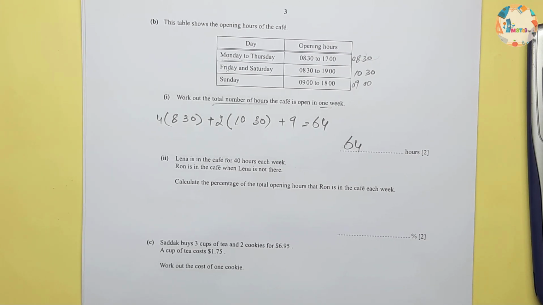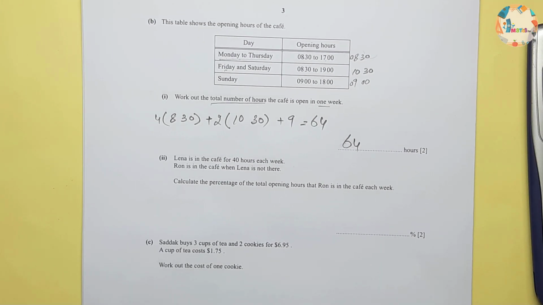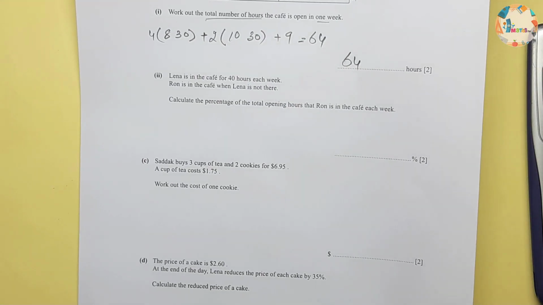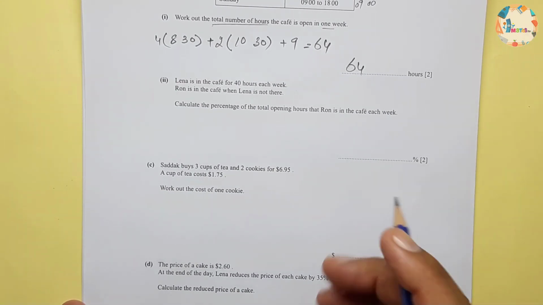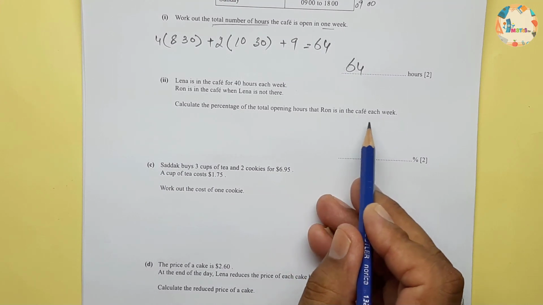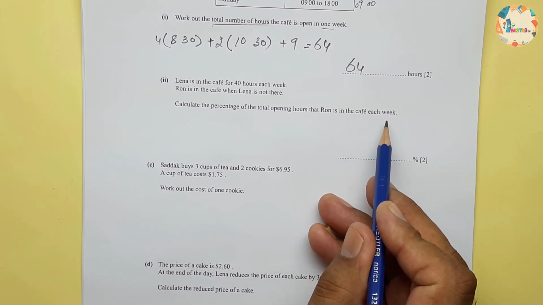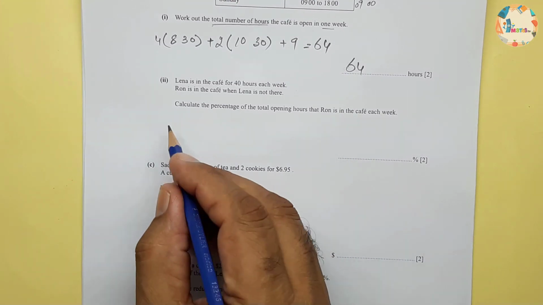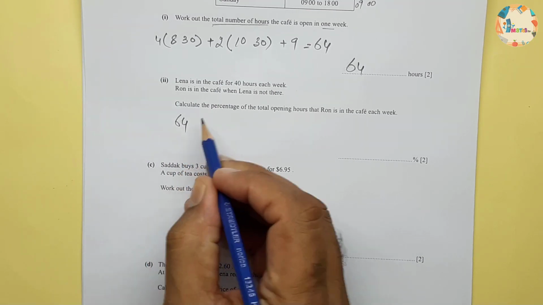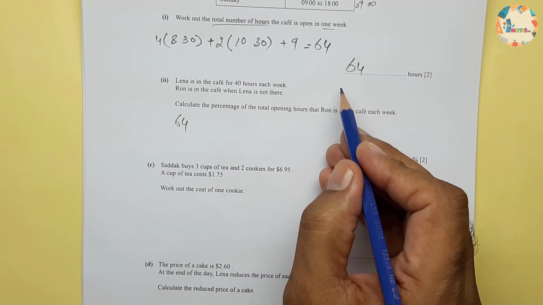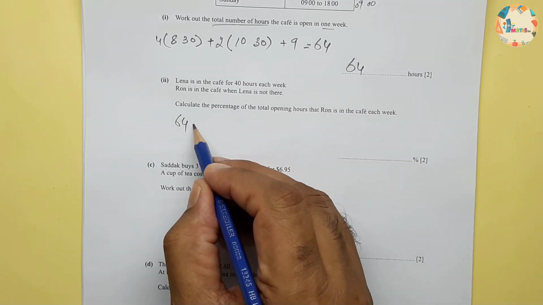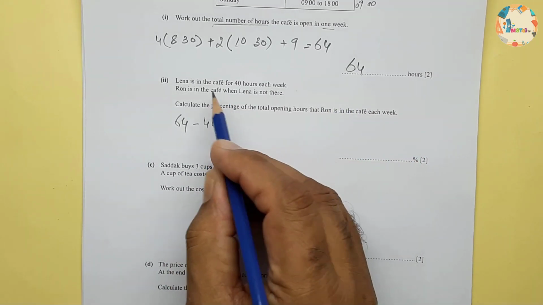Second part, Lena is in the cafe for 40 hours each week. Ron is in the cafe when Lena is not there. Calculate the percentage of the total opening hours that Ron is in the cafe each week. So out of 64 hours, which is the time for which the cafe is open, Lena is there for 40 hours.